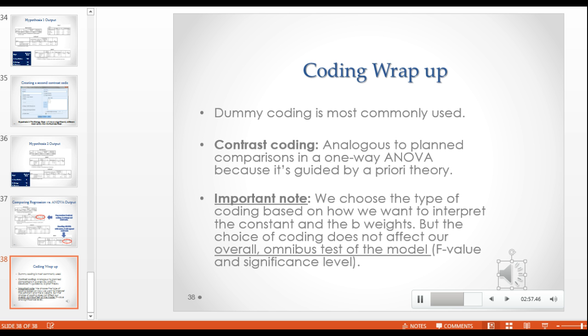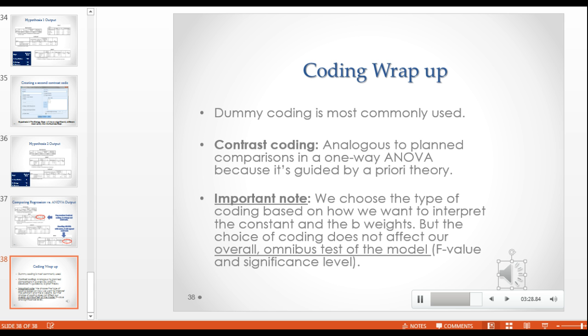And finally, there's a very important point. We choose the type of coding based on how we want to interpret the constant and the B weights. And this is specifically in terms of the signs. So when we assign a negative weight to a group, we have to keep that in mind when we're looking at the output, because those decisions that we make when we're creating the weights, the signs of the weights, are going to determine how you interpret the B weight at the end of the analysis.